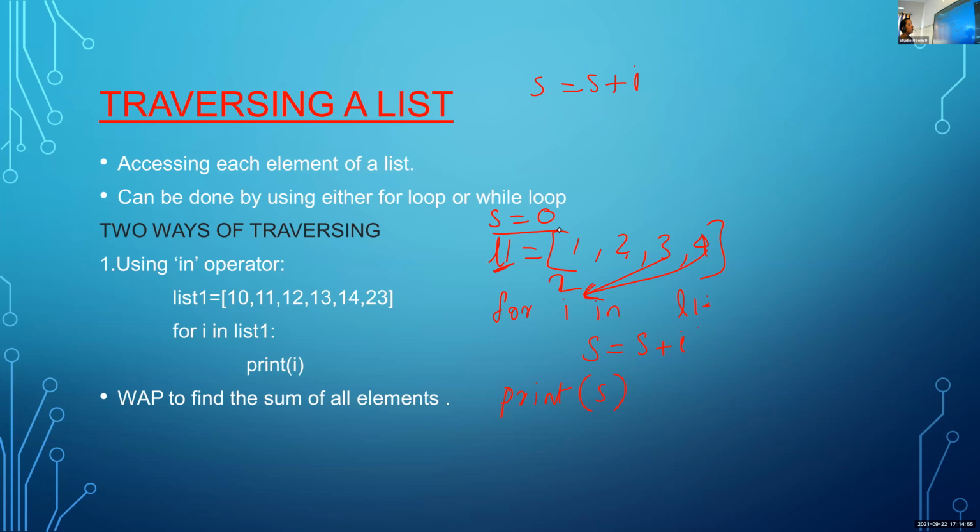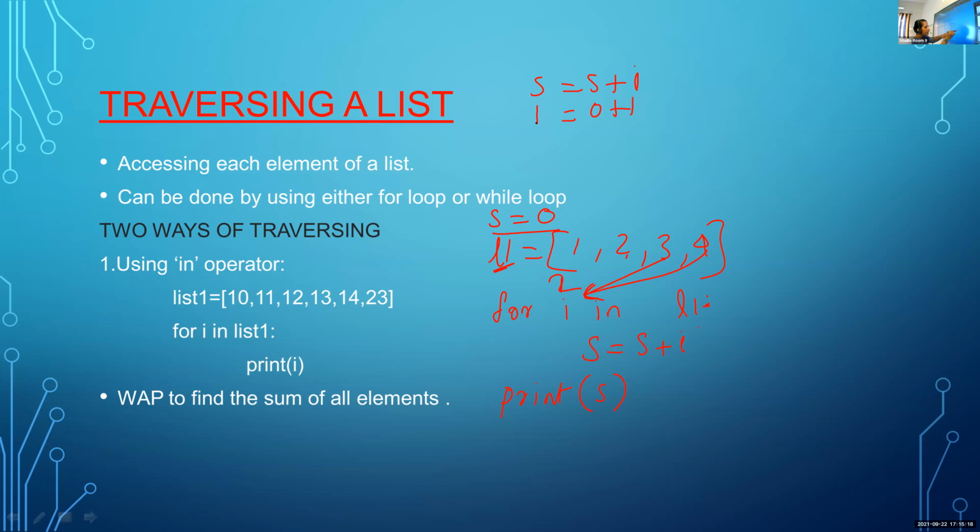Okay. So here S is equal to S plus I is the equation. The initial value of S is 0. What is the first value of I? It is 1. So 0 plus 1, which is equal to 1.